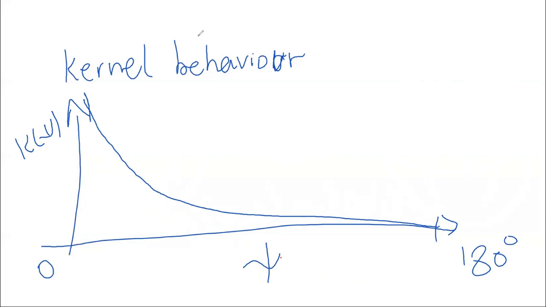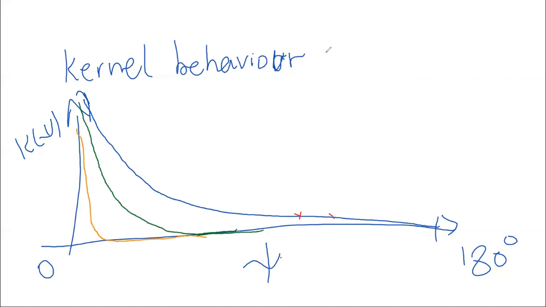Do you see that this kernel function has non-zero values up to 180 degrees? It means that it has value there. And we have another kernel which goes down and falls to 0 fast. And we may have another kernel which is like this, and this continues.